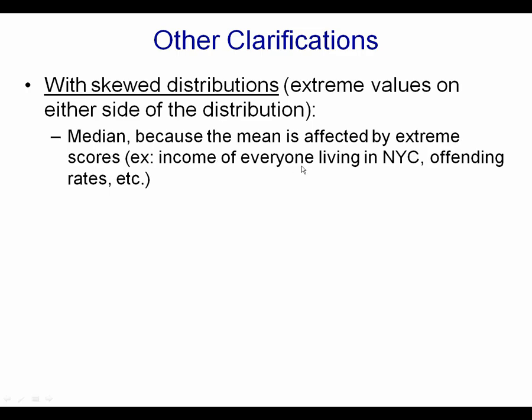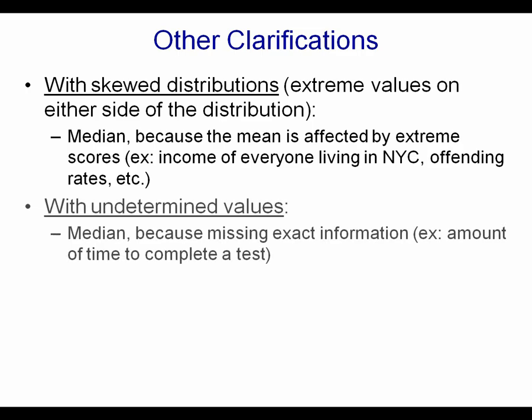Example, income of everyone living in New York City, or offending rates. There are criminals who offend a lot more than people who don't offend. Or people living in New York City, you could have gazillionaires like Donald Trump, and then people who are out of work, not making any money at all. So with undetermined values, we'd use the median, because we're missing exact information.